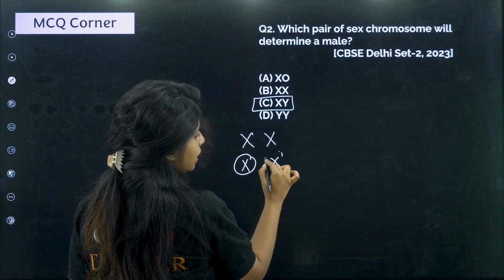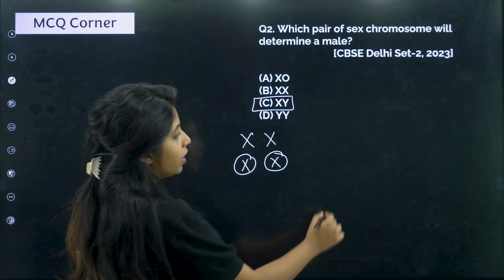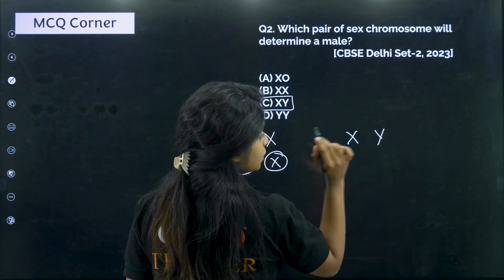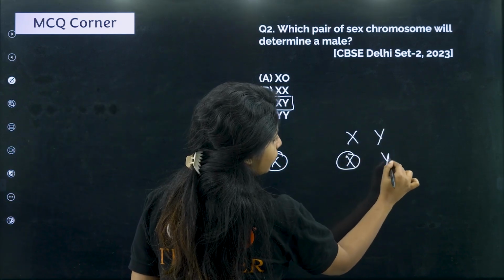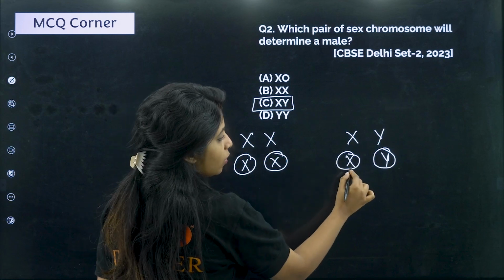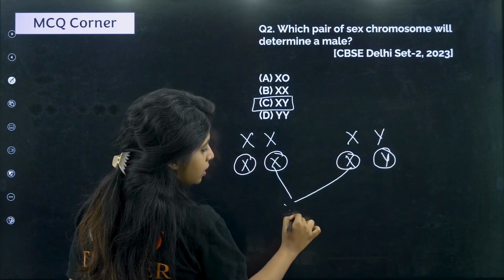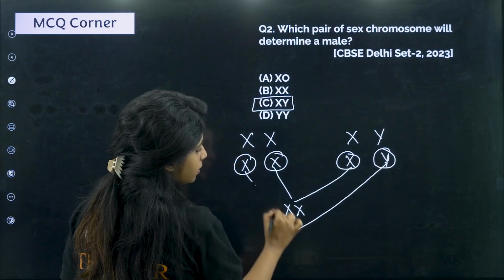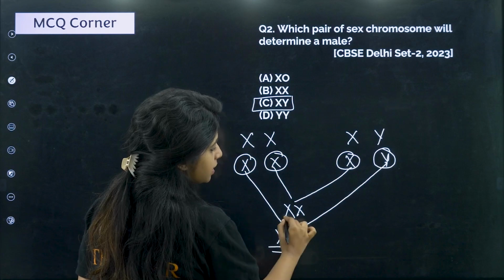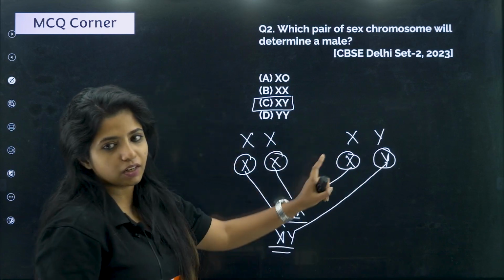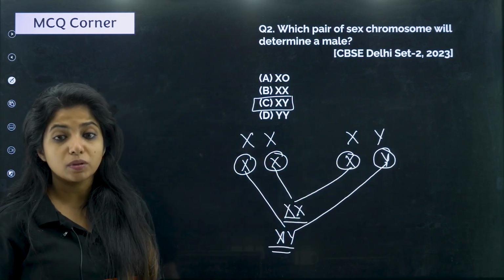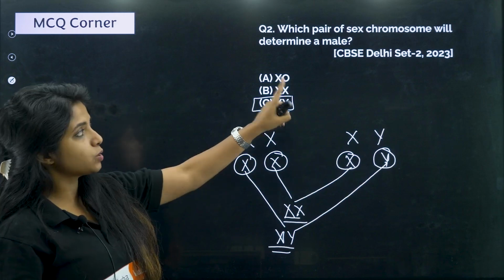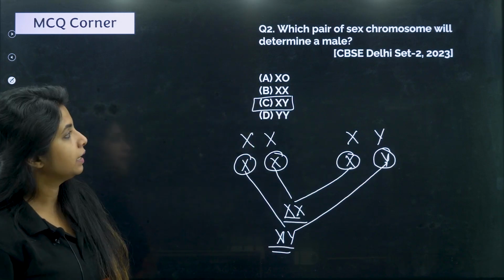Either of her eggs will always have an X chromosome. Whereas when you talk about males, his sperm can have either X or Y. Now if this X comes, then it will be a girl child. If this Y comes, then it will be a boy child. So basically, scientifically speaking, it is the male who decides the sex of the child. So it is XY. Okay, next.